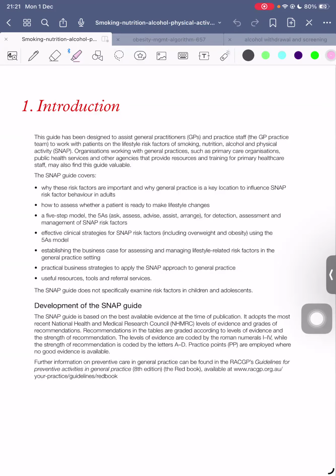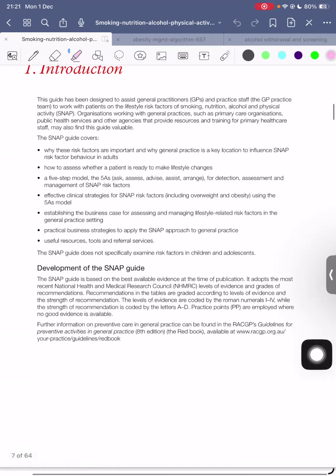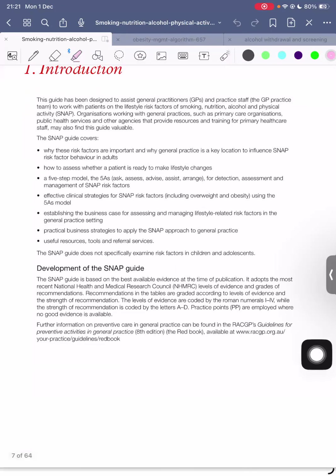These are the points on why we use the SNAP guideline. Remember the main thing is prevention, to prevent chronic diseases.